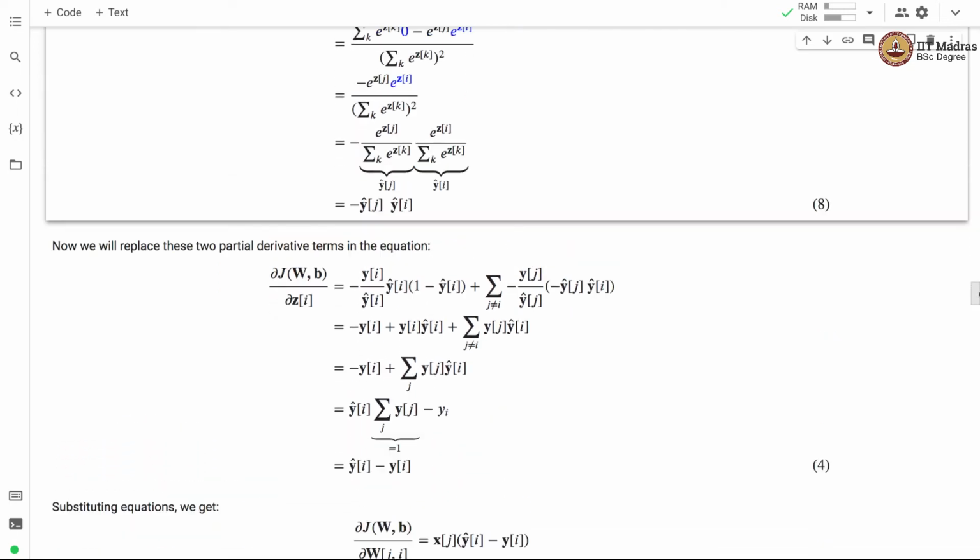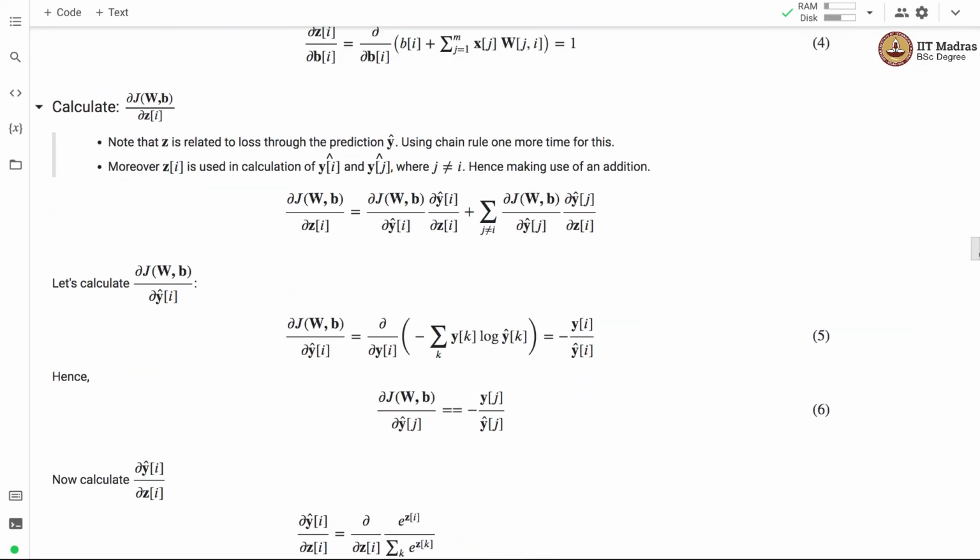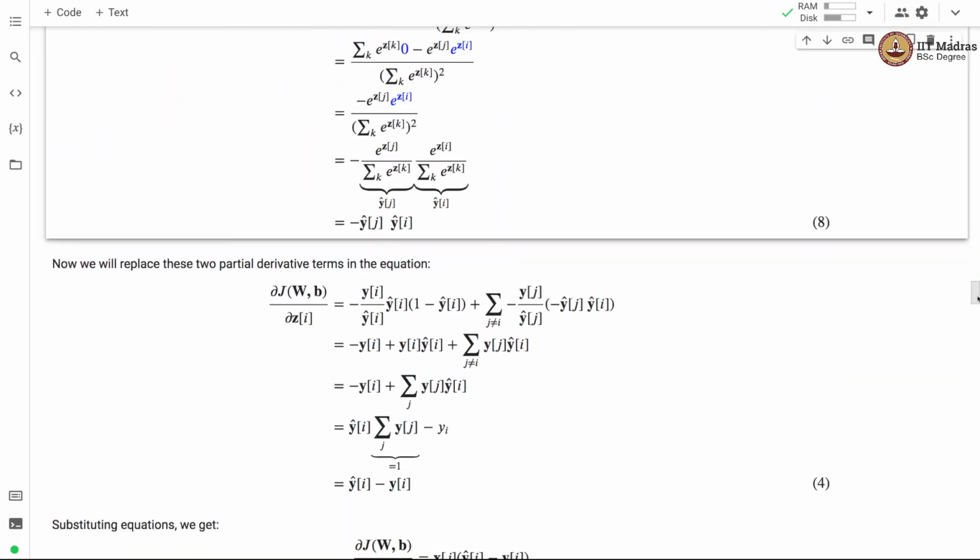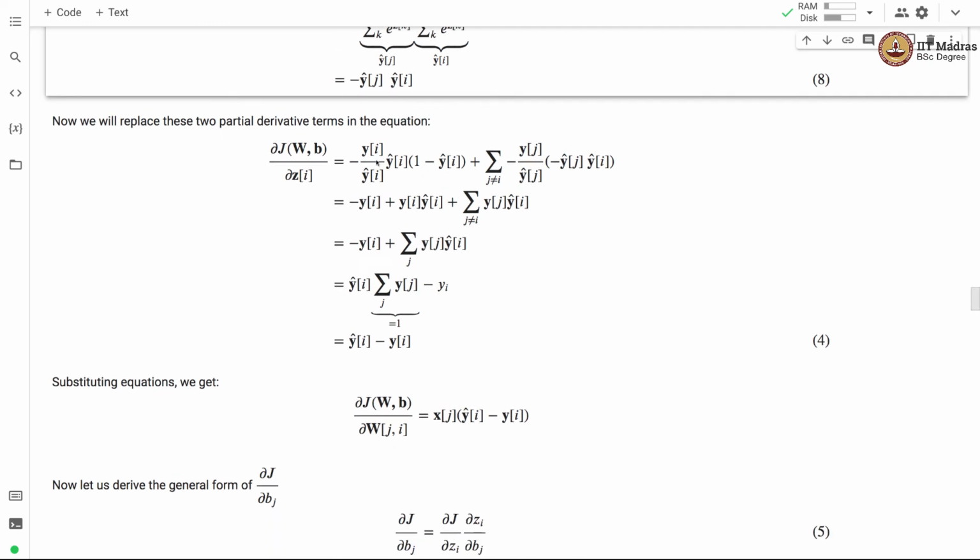Now we will substitute all these intermediate calculations into this particular formula. And we get minus yi by yi hat into yi hat into 1 minus yi hat plus the sum over all j's not equal to i of minus yj divided by yj hat into minus yj hat into yi hat.